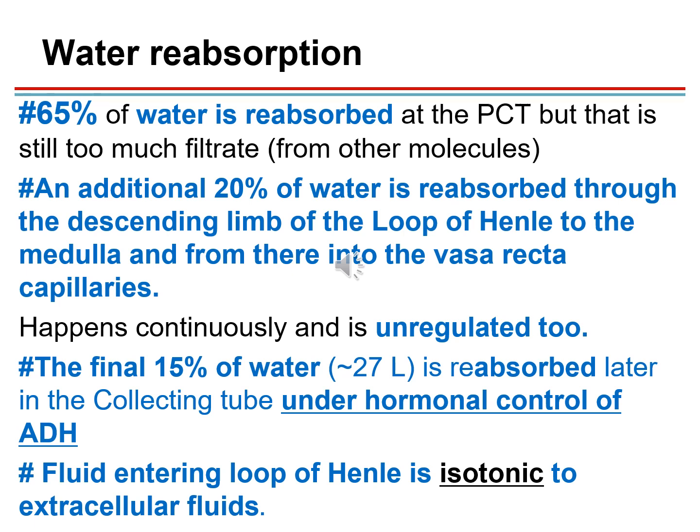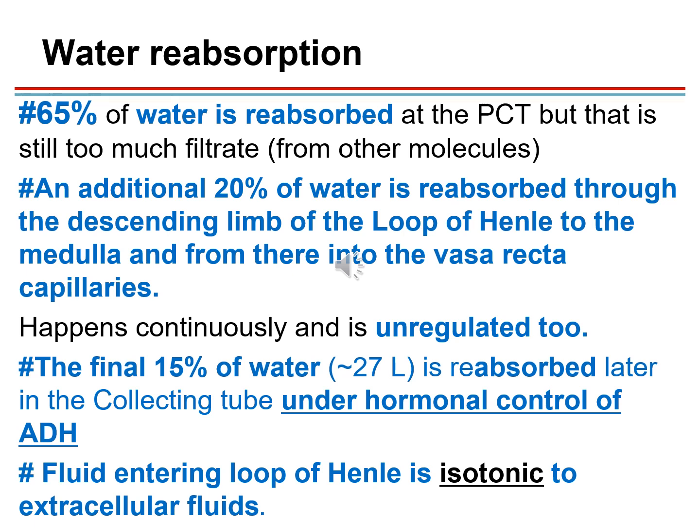At that point, from the loop of Henle, the water jumps into the renal medulla, and from the renal medulla goes back into the capillaries around the loop of Henle that are called vasa recta capillaries. And this process is totally unregulated, is not affected by the action of any hormone, and happens continuously.